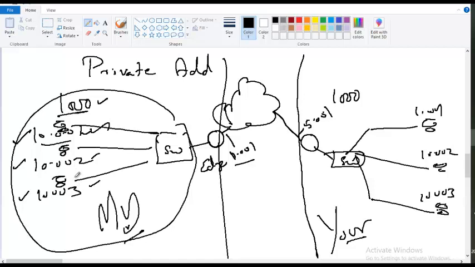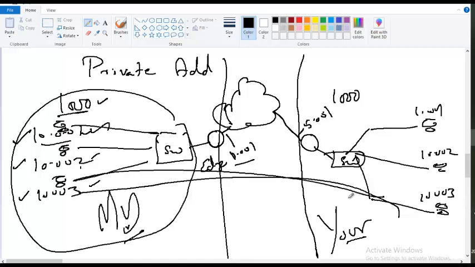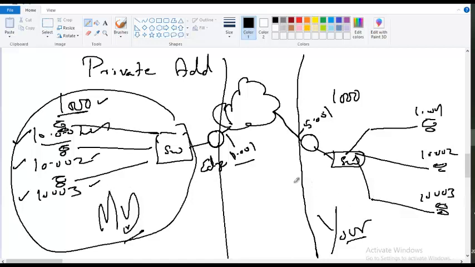Whenever you are going online, whenever you are trying to surf the internet, or communicate to another network, for example, you want to talk to my computer and my computer wants to talk to you, in that case, this original identity 10.0.0.3 will be dropped when the packet goes out.